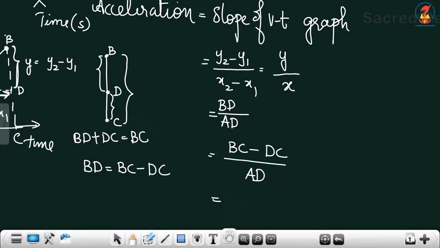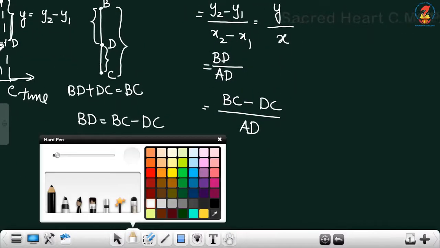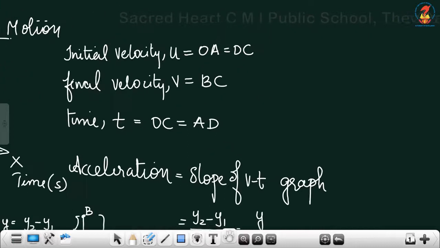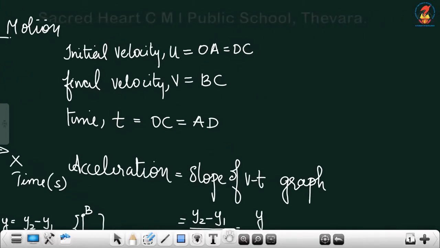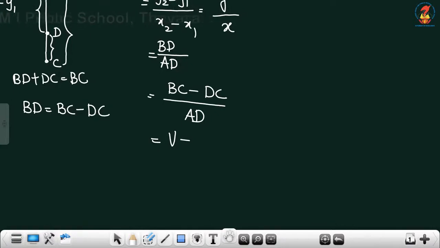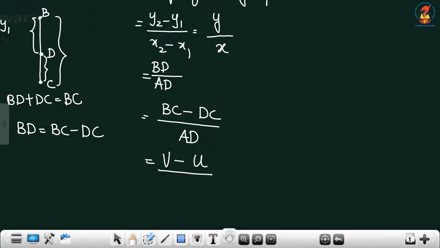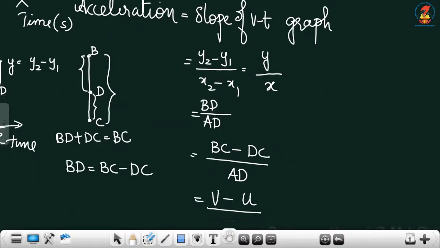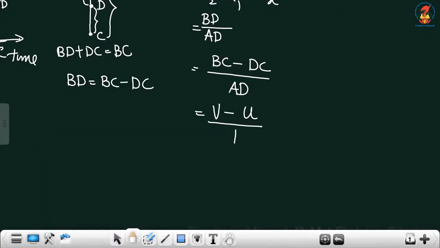So, BC equal to V minus DC, and DC is equal to U. So, V minus U divided by AD, and AD is equal to time T. So, you get an equation like this: A equal to V minus U by T.